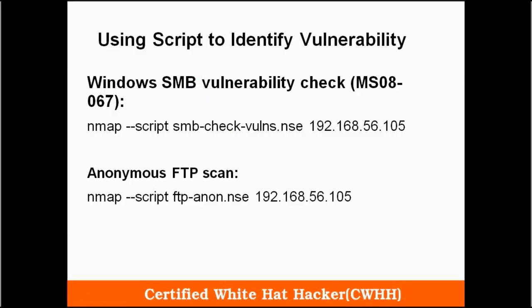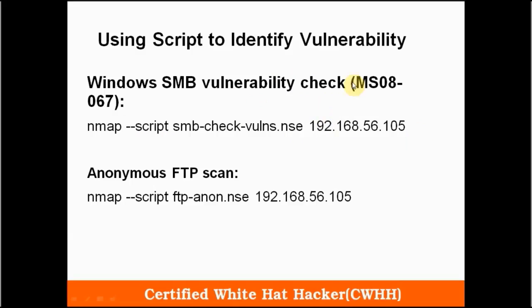There is a script which can be used to find the Windows MS08-067 vulnerability. So I'll give nmap space --script, and the script name, space the IP address that I want to scan.